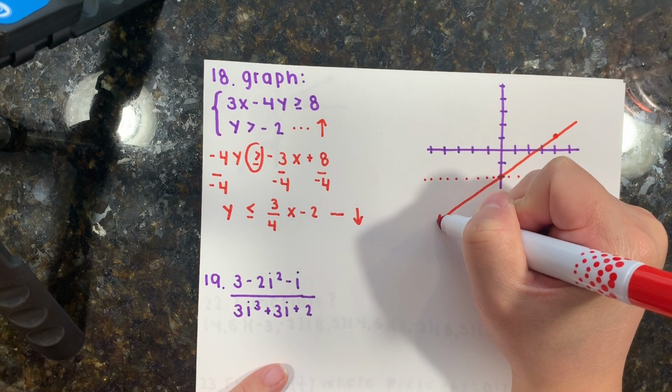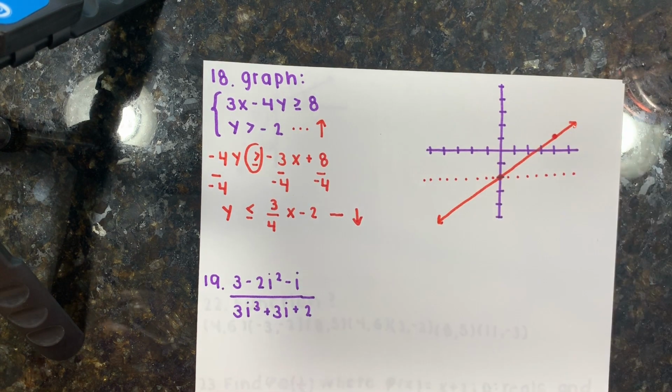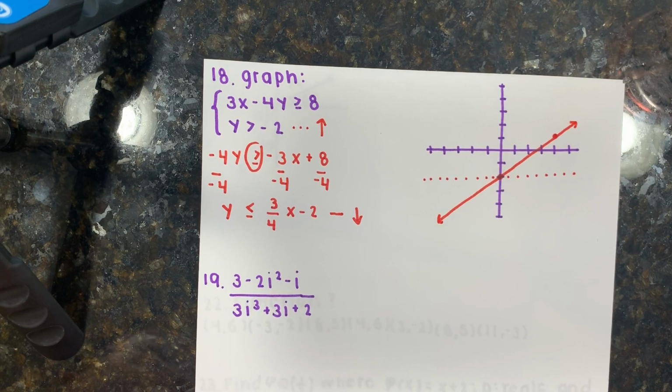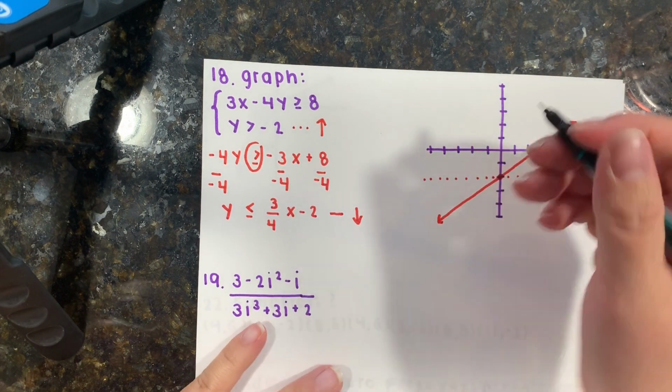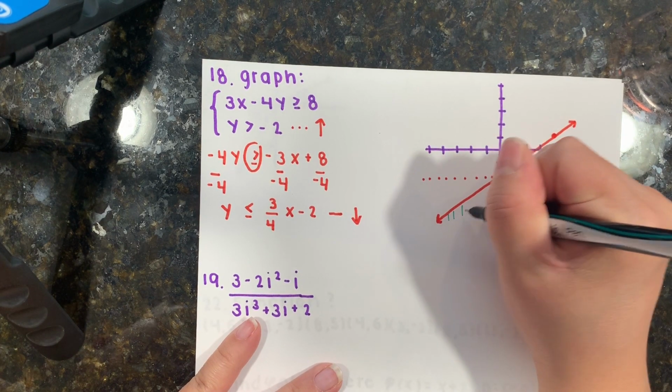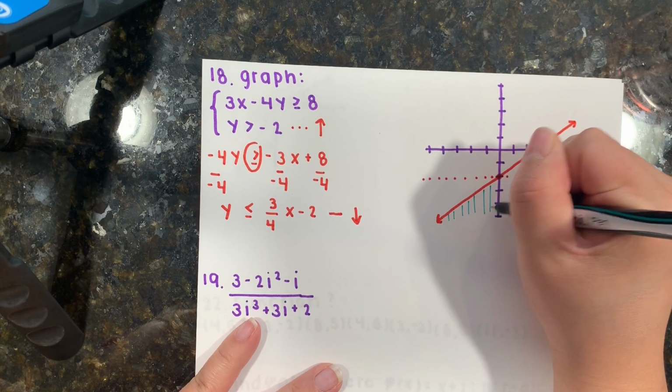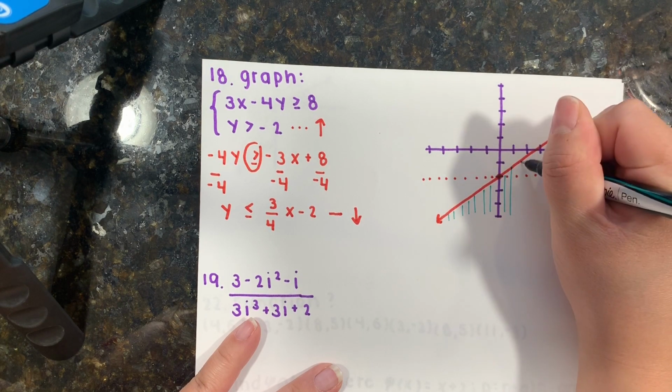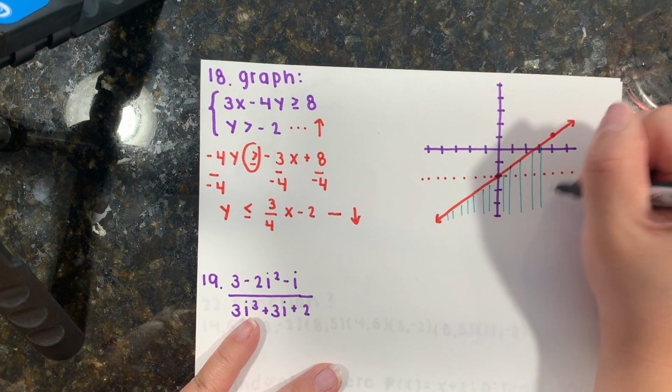And it should look something like this. So if I'm going to shade, I'm going to start by shading everything below the solid line. If I shade everything below the solid line, it would look like this.